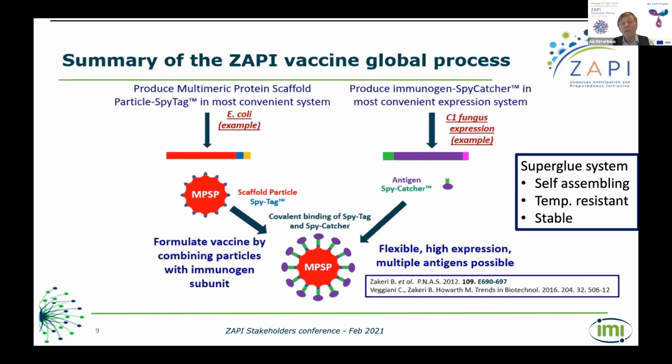We know that if you go for those very small peptide-like antigens, the immunogens, the immunogenicity of those structures themselves is very, very limited. So you need the multimeric presentation, and this seems to be a very robust system, as we have heard.